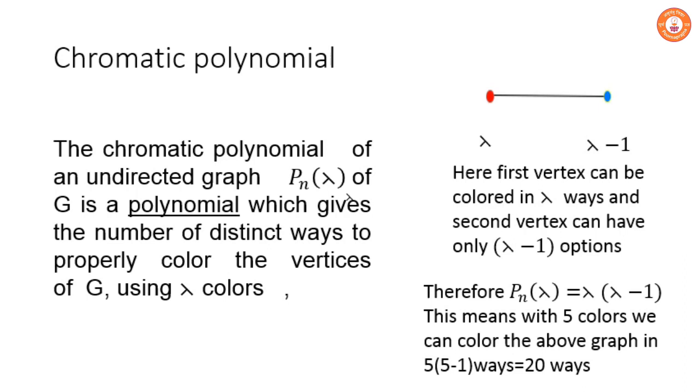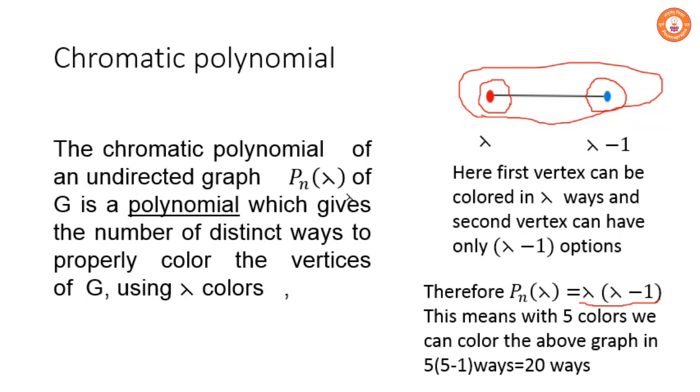See this graph with two vertices. If you are given lambda colors, the first vertex has lambda choices and the second vertex will have only lambda minus 1 choices. Therefore, together we can color this graph in lambda into lambda minus 1 ways.